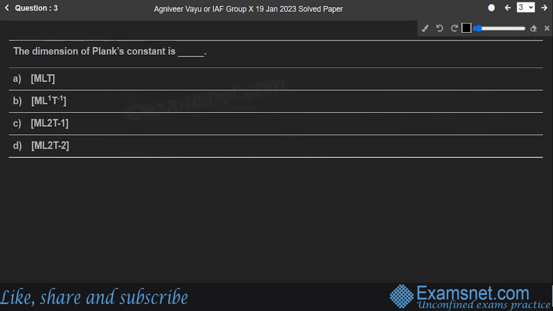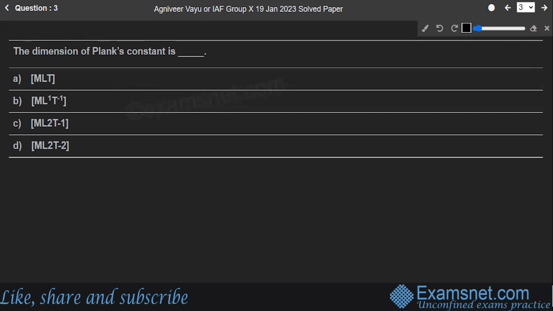Next, question number 3. Dimensions of the Planck's constant is given by. First of all, see, measurement of any physical quantity involves comparison with certain basic arbitrarily chosen internationally accepted reference. Here we call that dimensions.